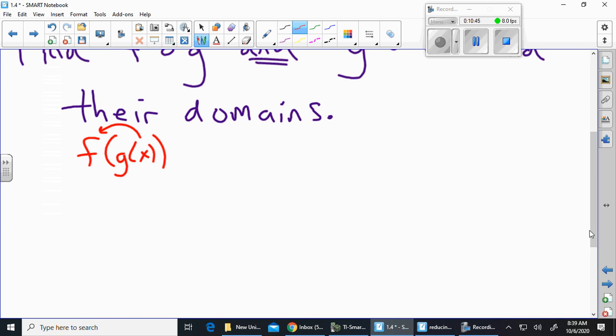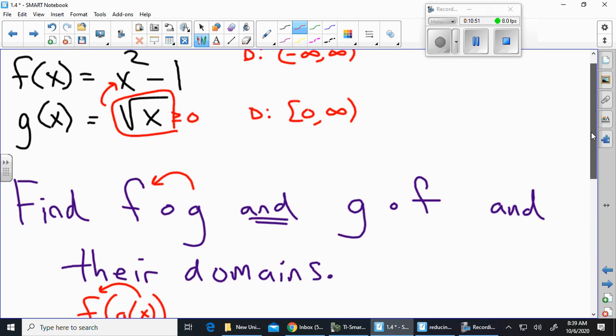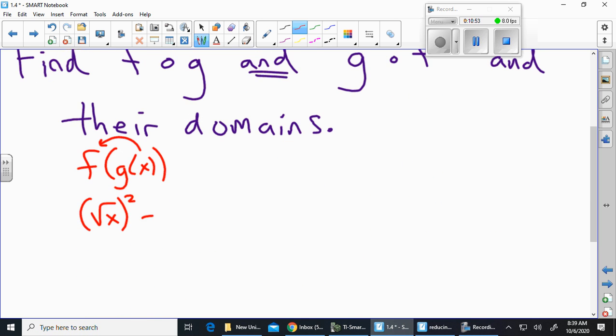So I would have the square root of x squared, minus 1. Well, when I do the square root of x squared, I get x minus 1. That's f of g of x.